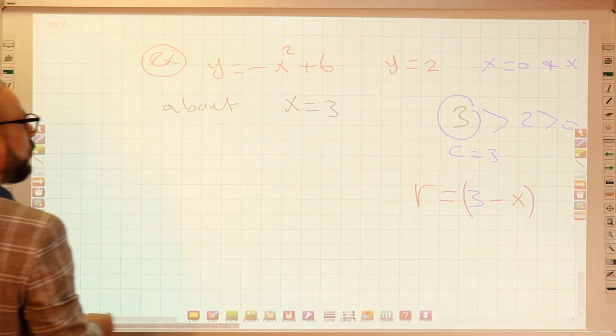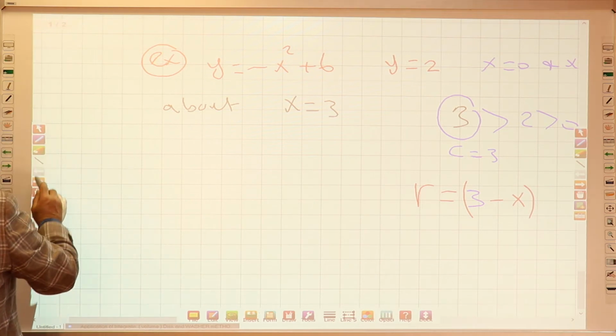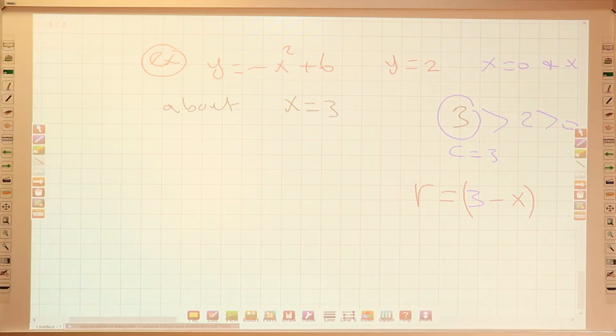Now I need to graph the two functions quickly to see which area we want to revolve. This is 2.